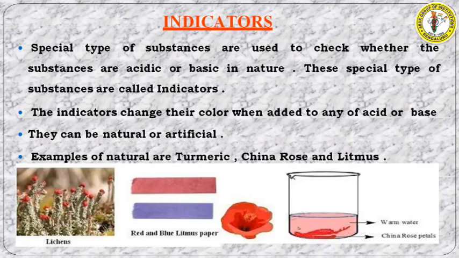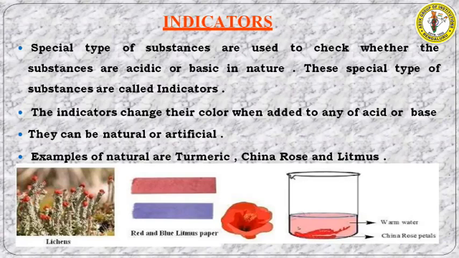Some acids you can taste, but not all chemicals. So you need some other special substances which will tell you which is acid and which is base. Those substances are called indicators.